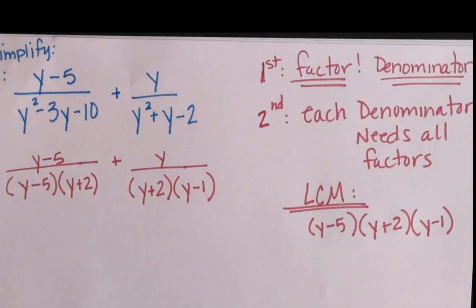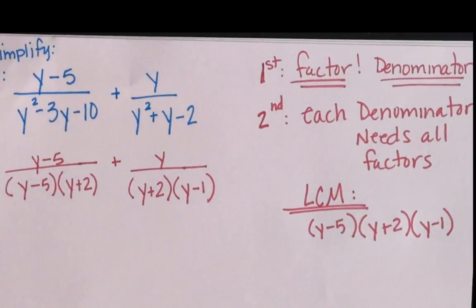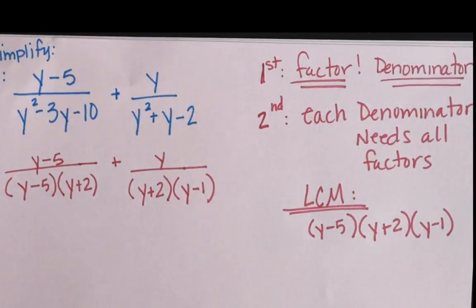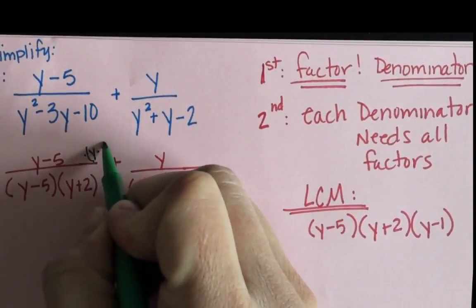So when I look back over here, the y minus 5 and the y plus 2 still needs a y minus 1. So we're going to multiply top and bottom by y minus 1.